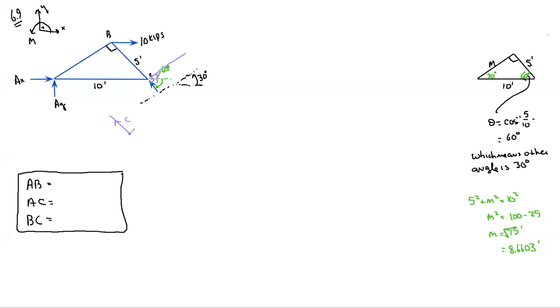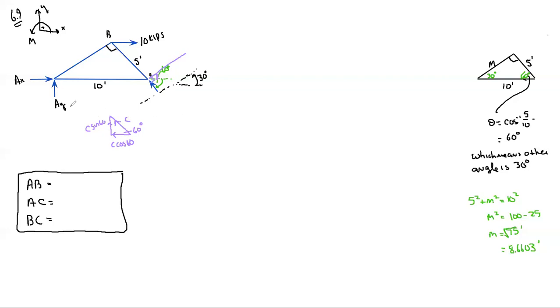There's C. There's our 60-degree angle right here. That makes this C cosine 60 and C sine 60, which we will definitely need in a second.